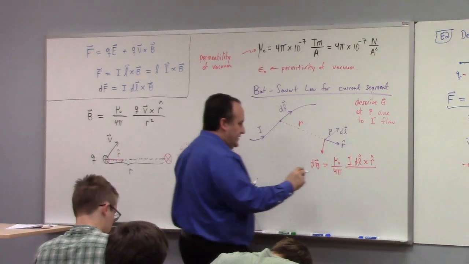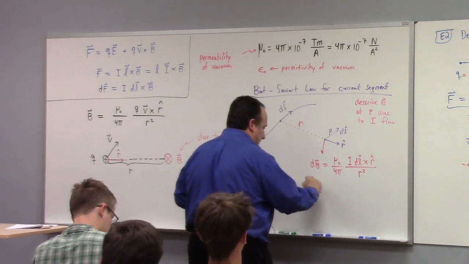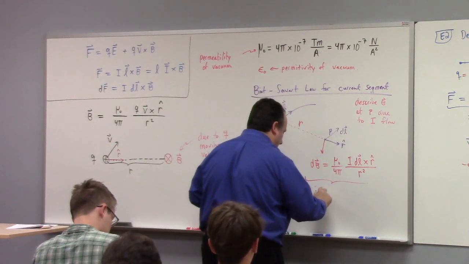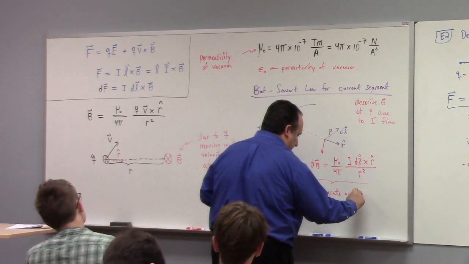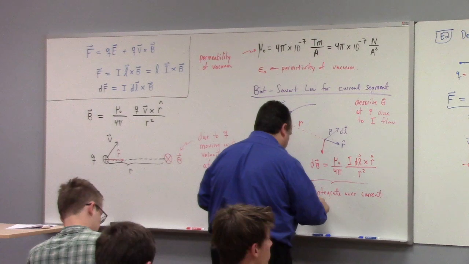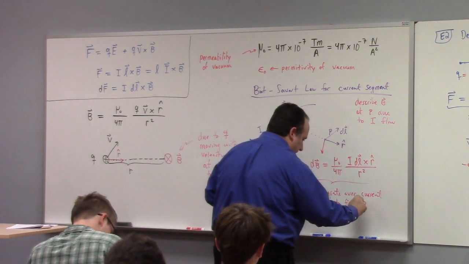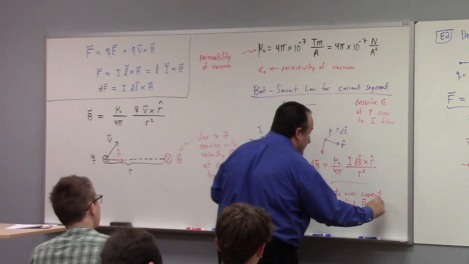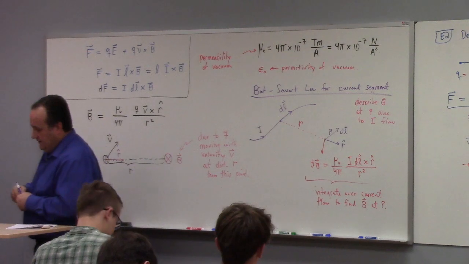And so to find the total magnetic field, we have to integrate this over the current flow to find the magnetic field at P. All right? That's what we'd have to do.